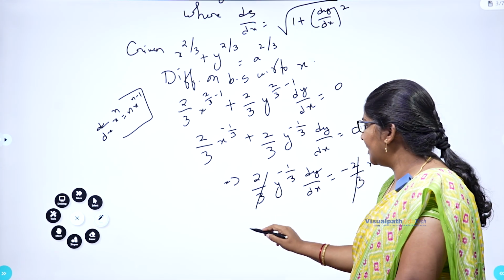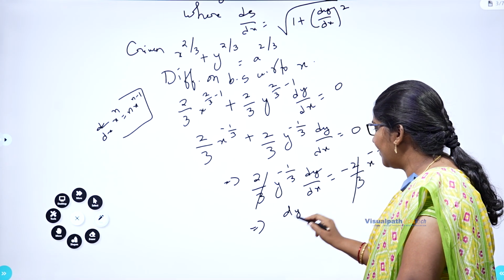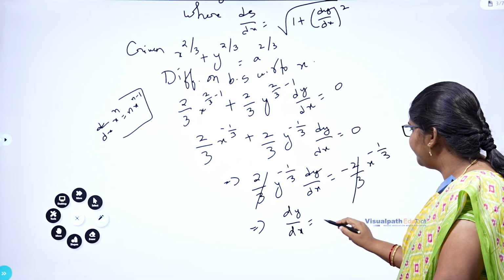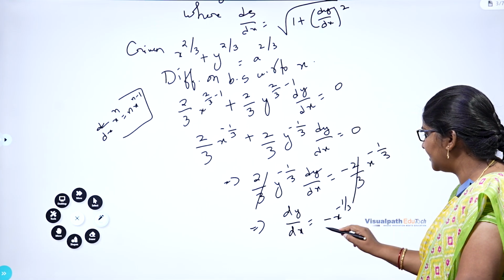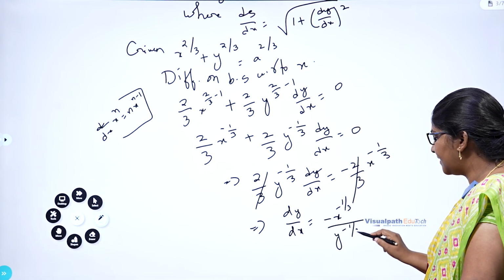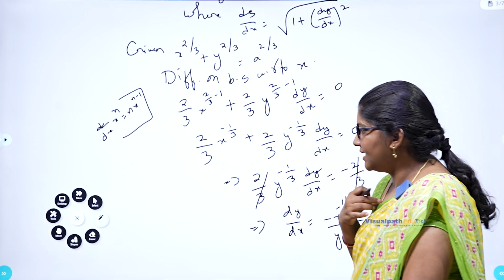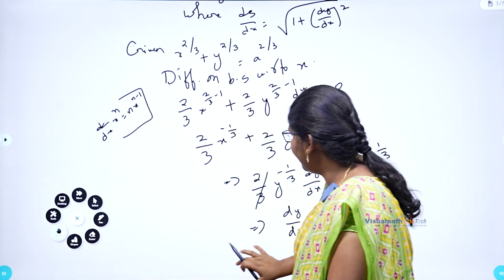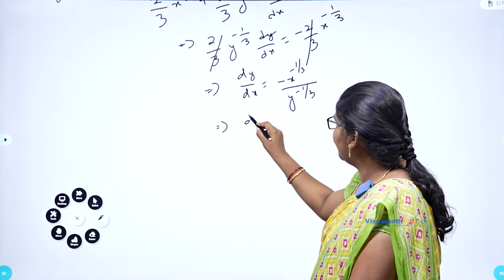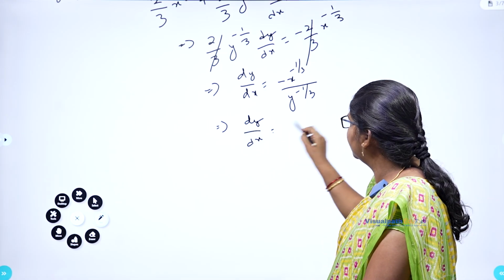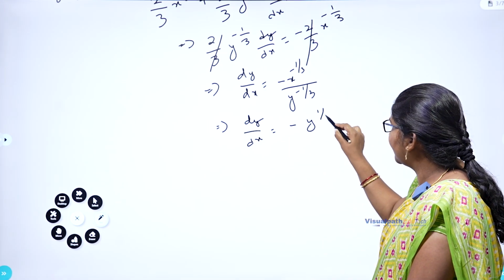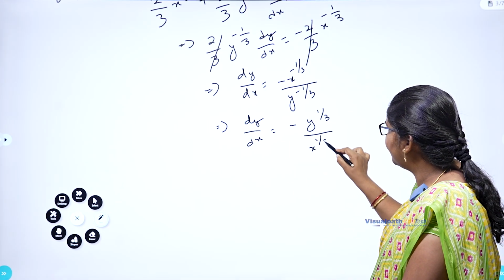The 2 by 3 and 2 by 3 get cancelled. dy by dx is equal to minus x power minus 1 by 3 by y power minus 1 by 3. If we simplify this again, we get dy by dx is equal to minus y power 1 by 3 by x power 1 by 3.